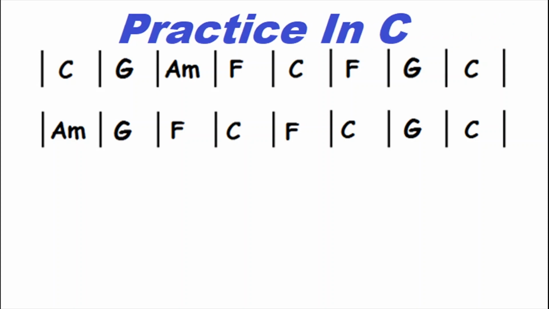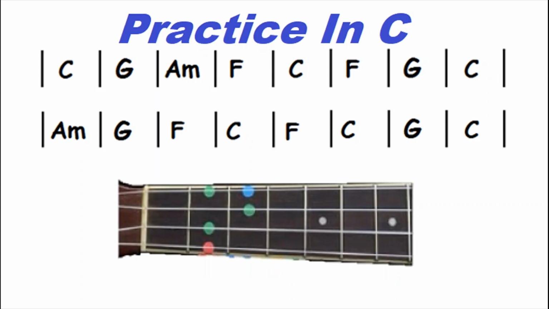Remember this? The chord progression where we first learned how to label chords and eventually combined with the C major scale. Let's play through it one time to remember what it sounds like.